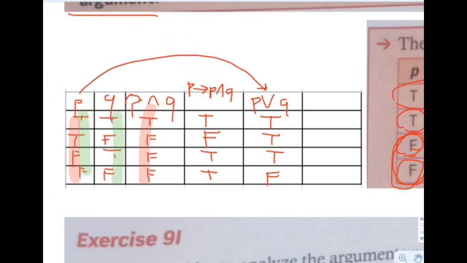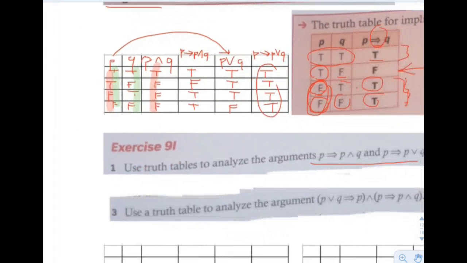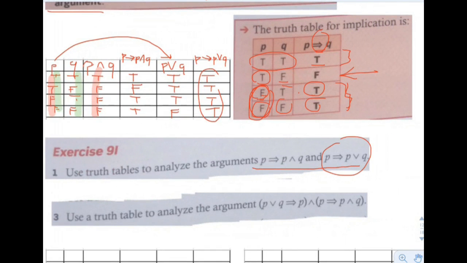So true leads to true, that's true. True leads to true, that's true. False leads to true, yeah, that's possible. And false leads to false. Yeah, that's possible. Okay, so the implication P implies P or Q is a tautology. Okay, so yes, this one is true. Okay, this one is not.